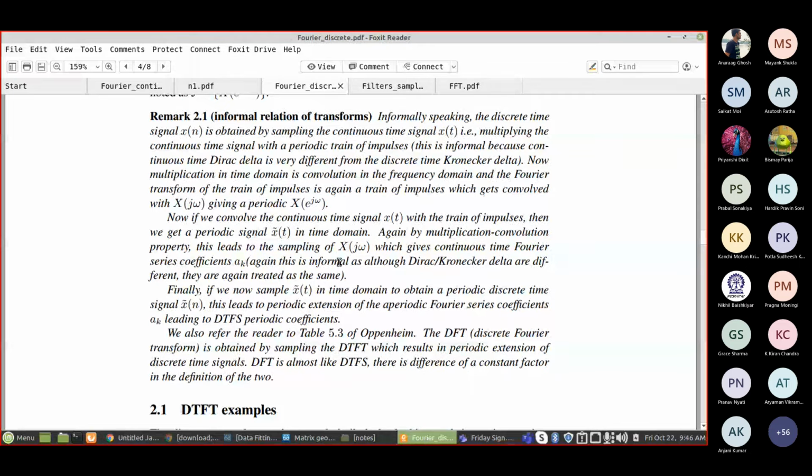We have Fourier transform for continuous time signals. We have discrete time signals, both periodic and aperiodic, and correspondingly we have Fourier series and Fourier transform in discrete time. So let's try to understand the connection between these four transforms using this sampling and periodic extension property.